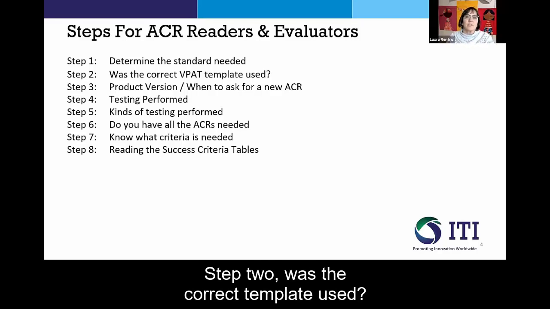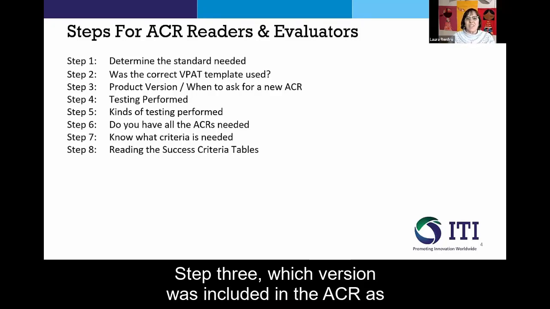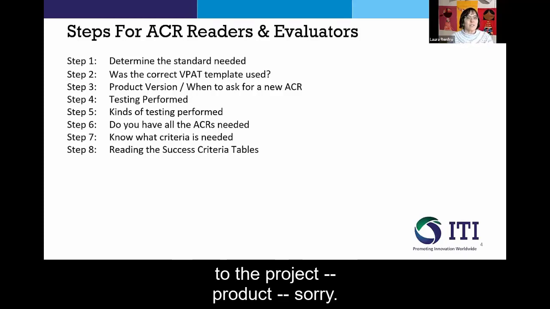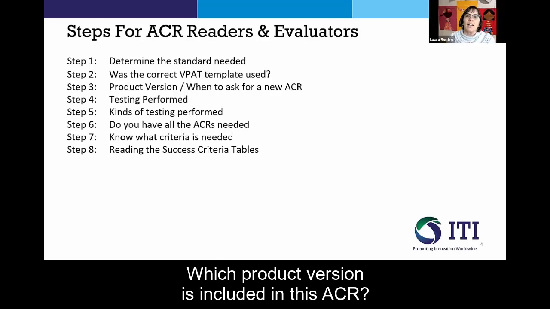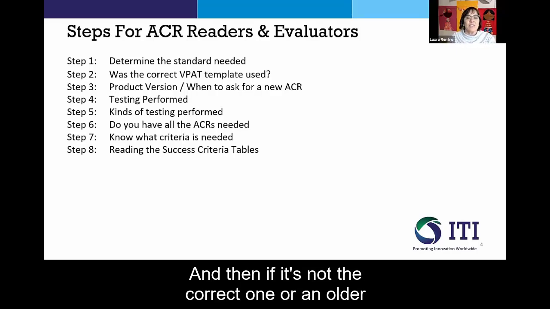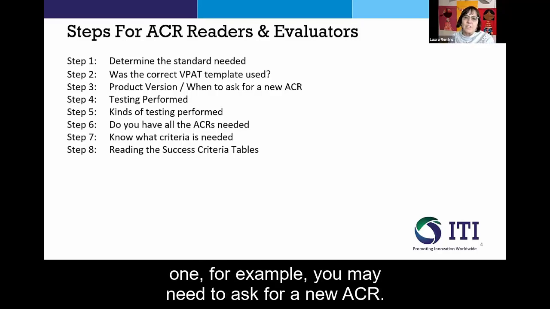Step 2, was the correct template used? Step 3, which version was included in the ACR? As to which product version is included in this ACR, and then if it's not the correct one, or if it's an older one, for example, you may need to ask for a new ACR.